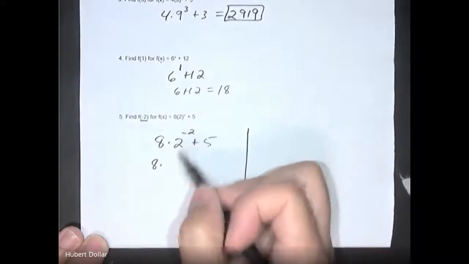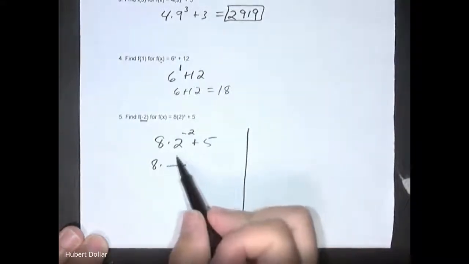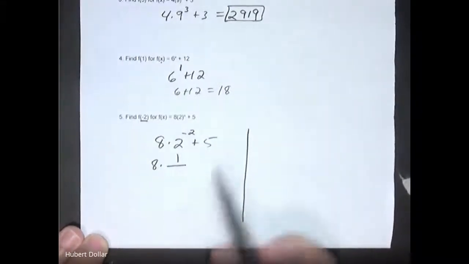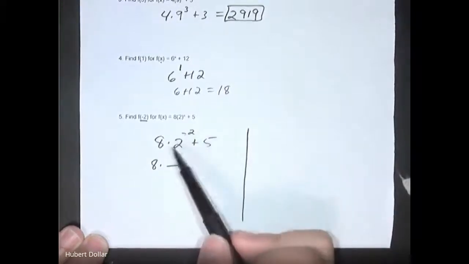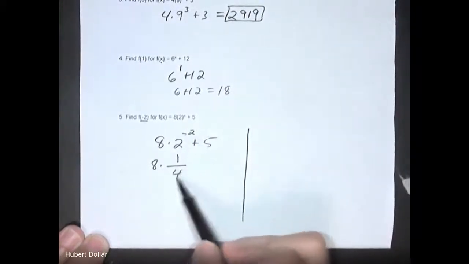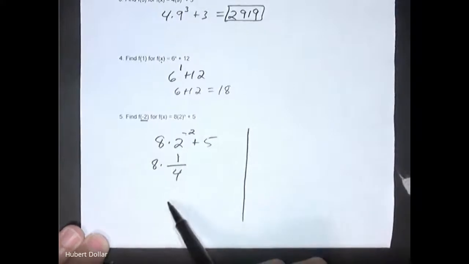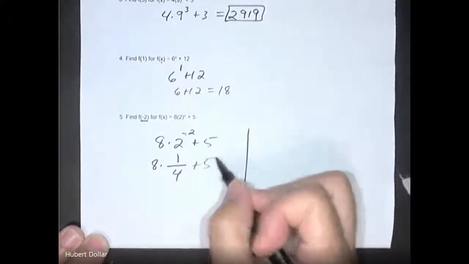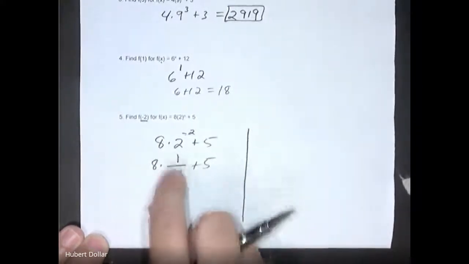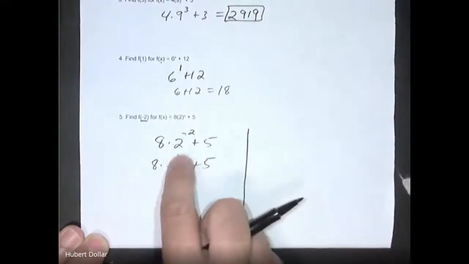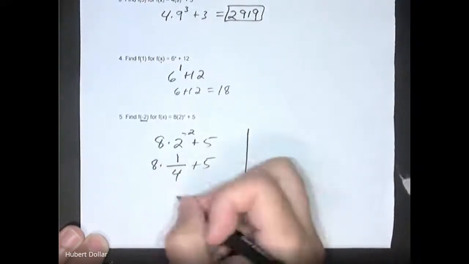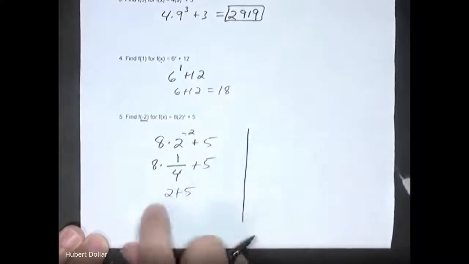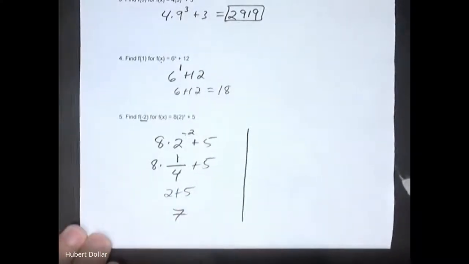Now, a negative exponent means your answer goes to the denominator. So that negative means the 1 over. 2 squared is 4. So 2 to the -2 is 1/4 plus 5. Multiply 8 times the 4th, the same thing as 8 times 1, which is 8. Divided by 4 is 2. And 2 plus 5 is 7.